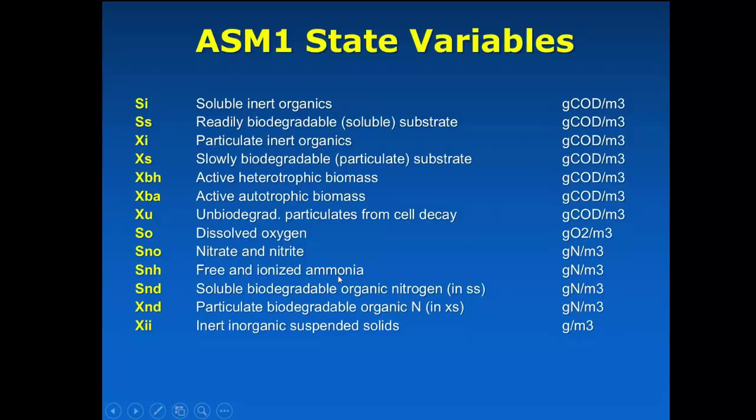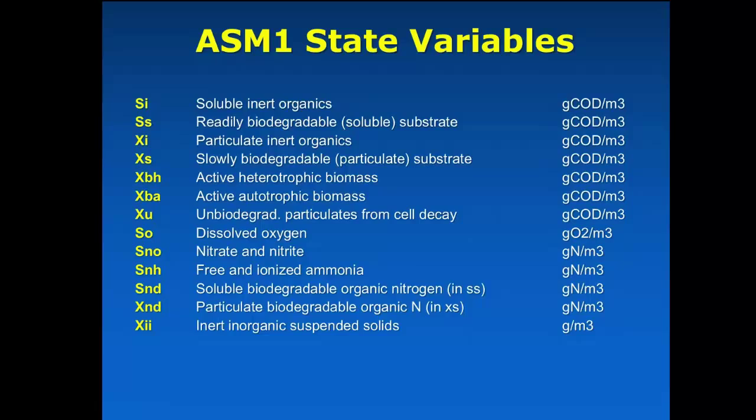And then we have some for the various forms of nitrogen. And those are the ones that we do mass balance around using a big matrix of information in order to create the activated sludge model itself. So these are the states for the ASM1 model.